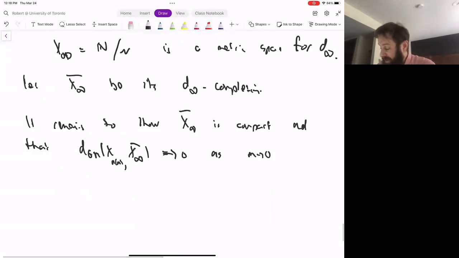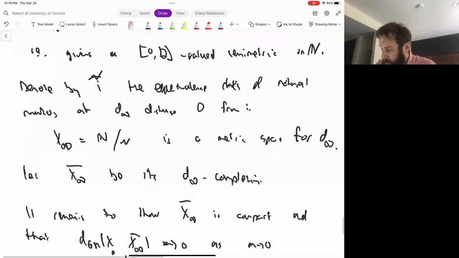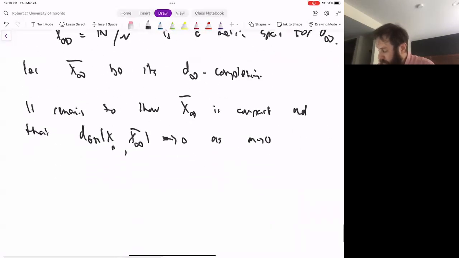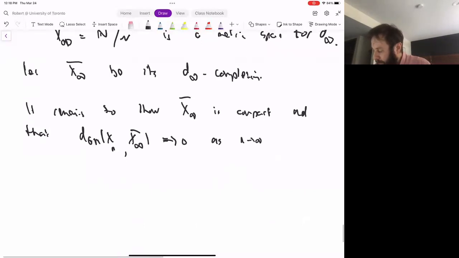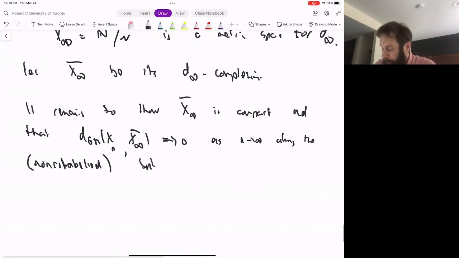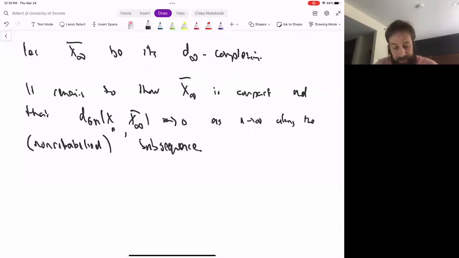Okay, so I'm going to suppress the relabeling now. There's too many indices anyways. And for that, we're going to use this proposition that reduced checking convergence to these finite subsets.